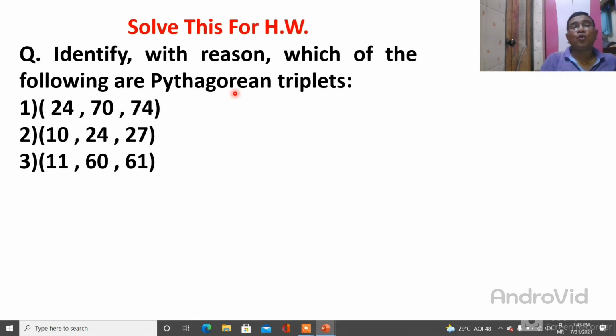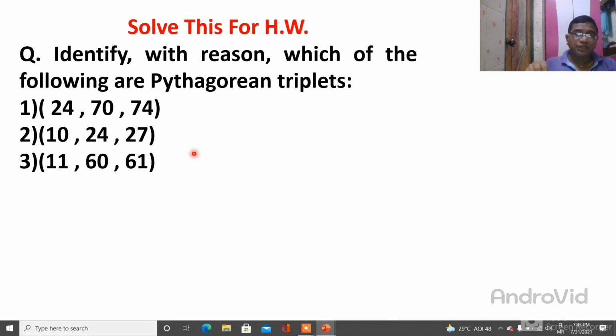So here is your homework: identify which are triplets. Only 3 problems are given and they are very simple to solve. Whatever was seen in the lecture, the Pythagoras theorem, and the problems of question set 2.1 that were solved, whether triplet or not, write in the class notebook.